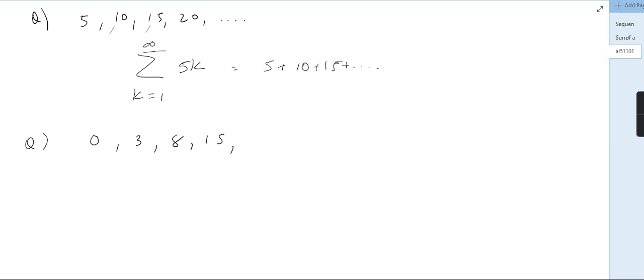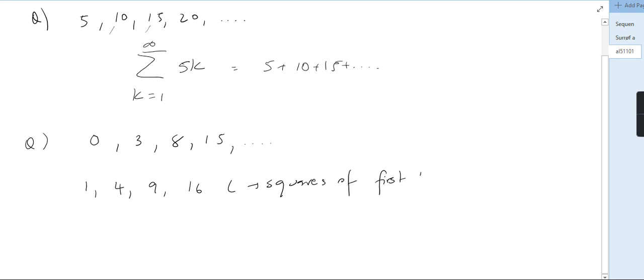So let's take another pattern and I'll show you how it comes. That's 1, 4, 9, 16. So here, this pattern looks quite familiar, right? Because it's the squares of the first 4 integers.